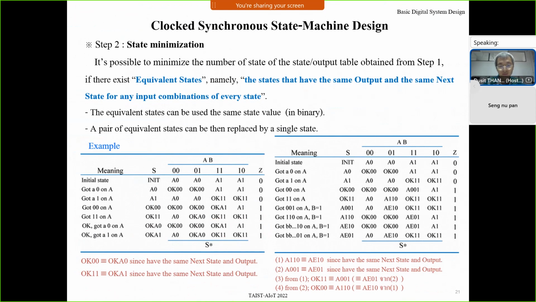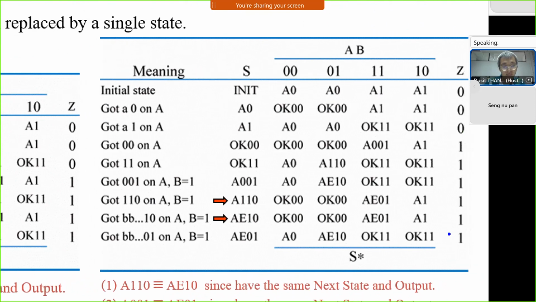For this example, this state and this state are equivalent, namely the same output and same next state for all possible input values. So you can reduce by merging this into this, namely AE10. You can change it to A110.